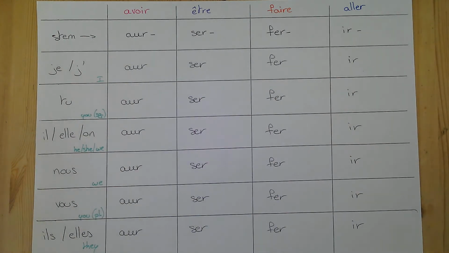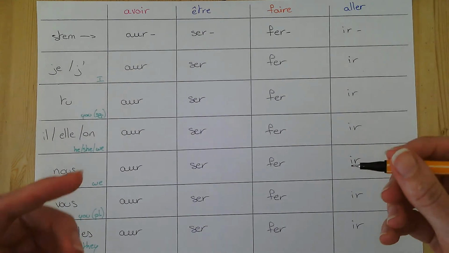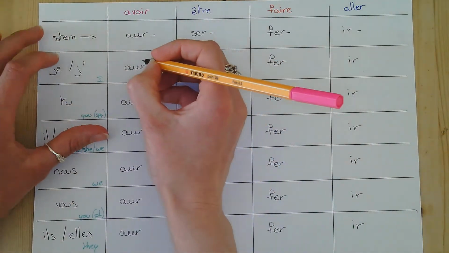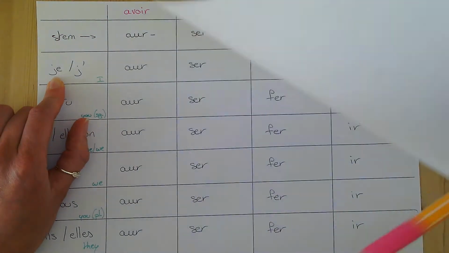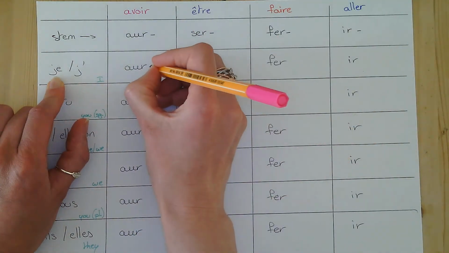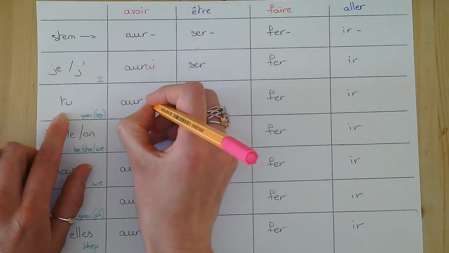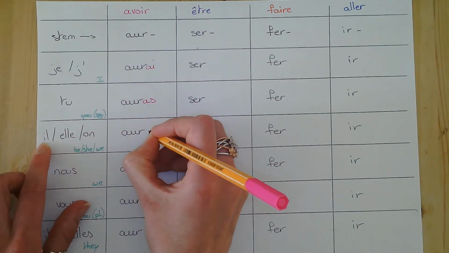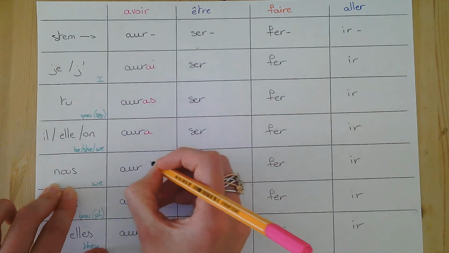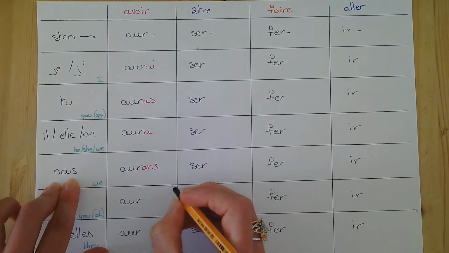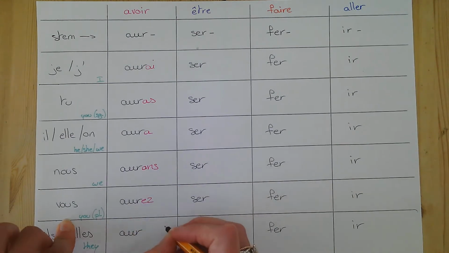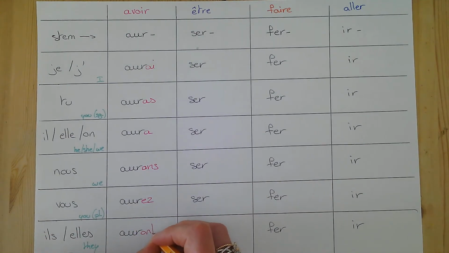Well, you just put your simple future endings all the way down, and they don't change from the ones you have seen here. So, here we go. I will have, you will have, he, she, or we will have, we, I had a doubt, we will have, you, plural, will have, and they will have.